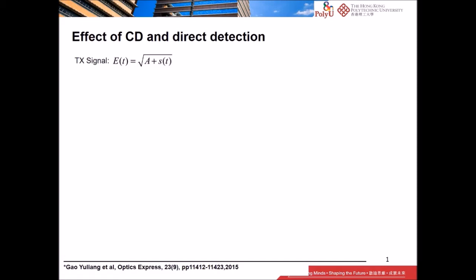Now, let's look at the effect of chromatic dispersion, CD, with direct detection. Let's assume we have a transmitted signal S, and A is the carrier. Then the electric field at the transmitter would be the square root of A plus S, because we are assuming that we are directly modulating the laser source. The channel response that models CD is basically given by this.